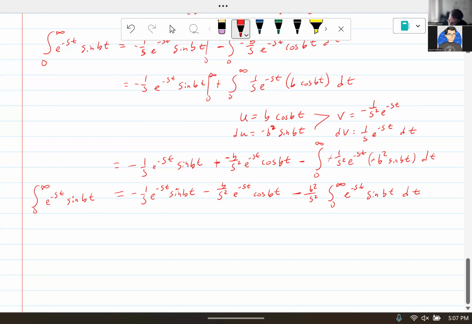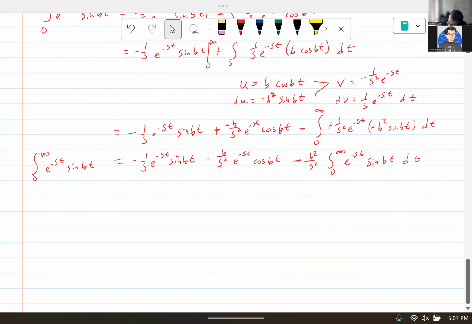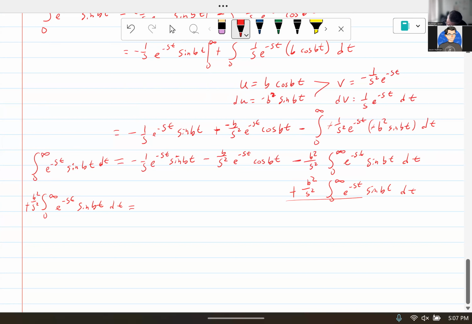So what I can do is add b squared over s squared times the integral from 0 to infinity of e to the negative st sine bt dt to both sides. This thing goes away.